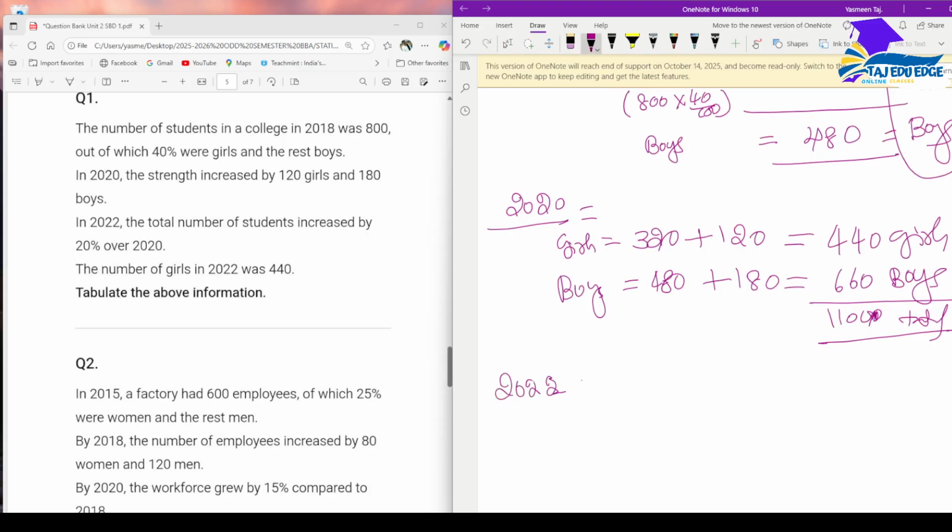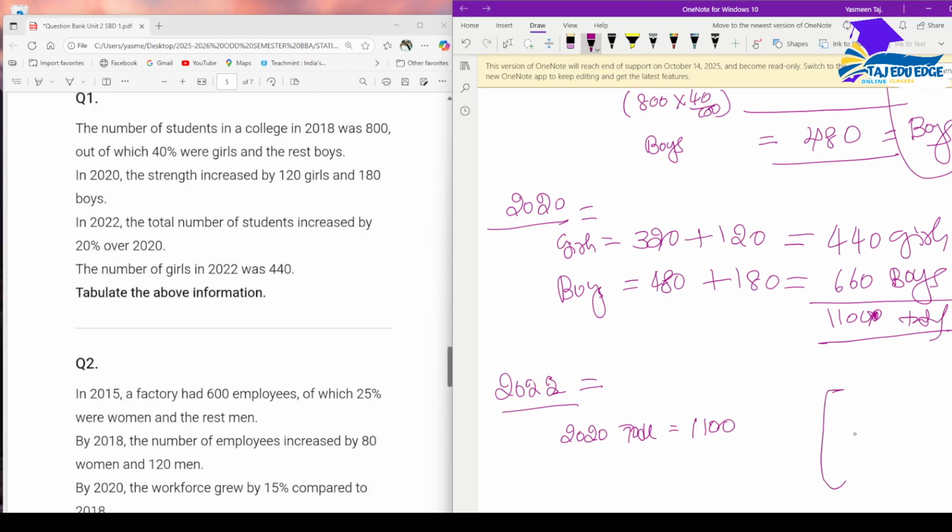So next, in 2022, total number of students increased by 20% over 2020. In 2020 total were 1100, right? In 2022, 20% additional of 1100.